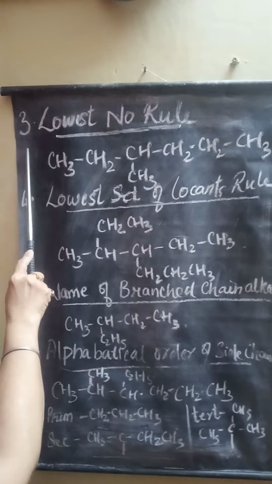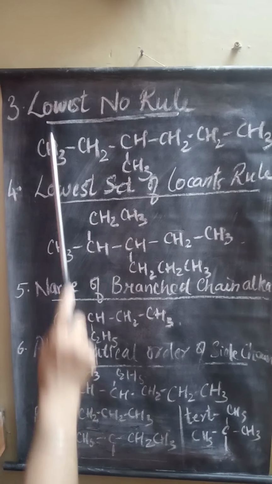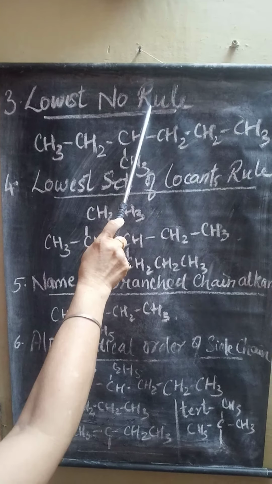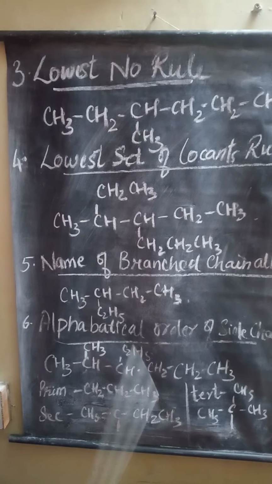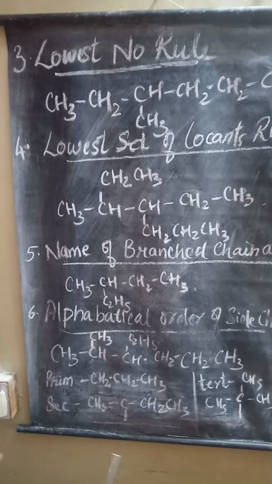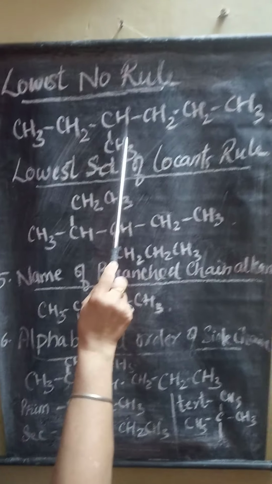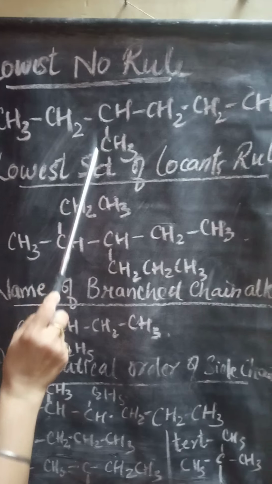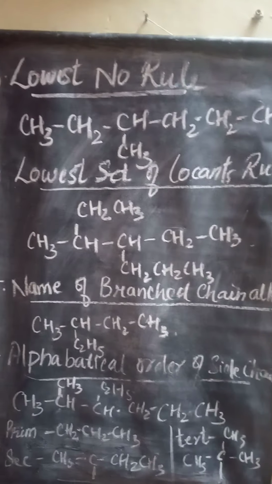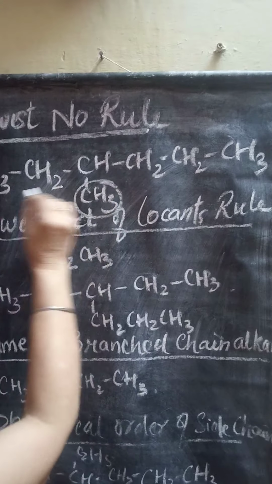Third rule that we will follow, lowest number rule. That means when we give numbering to the chain, we have to follow one rule: numbering will be done from the side where the substituent group is near. You see, this is the substituent group attached to this chain.